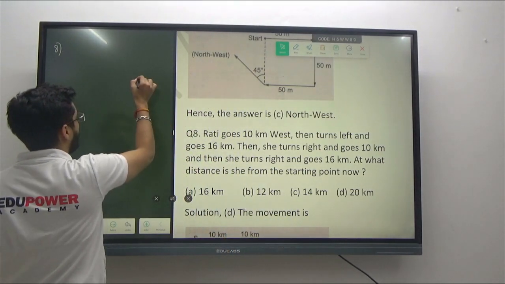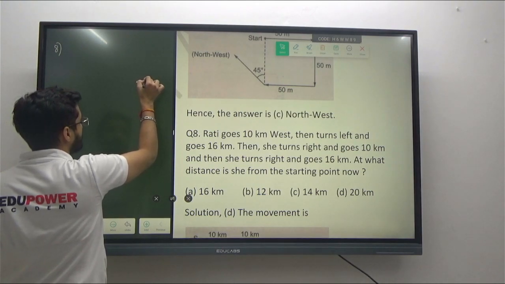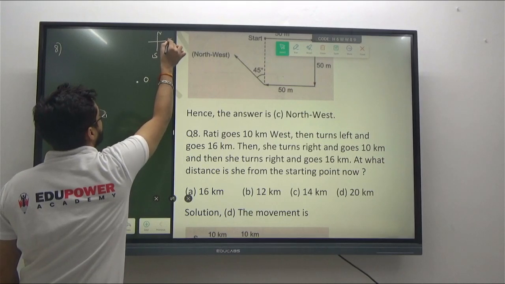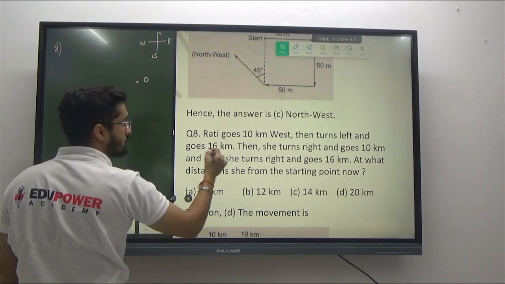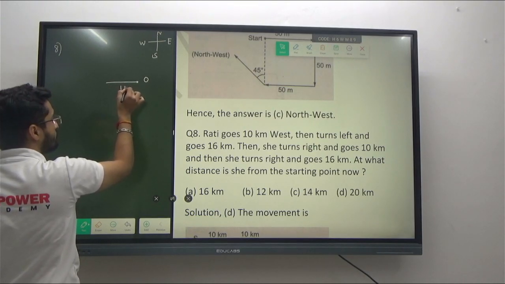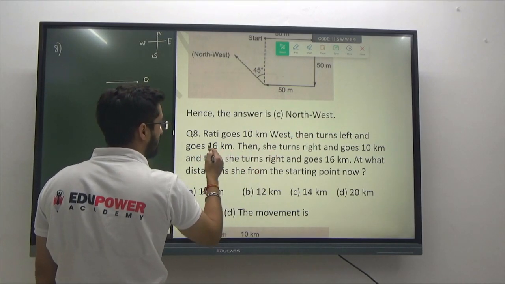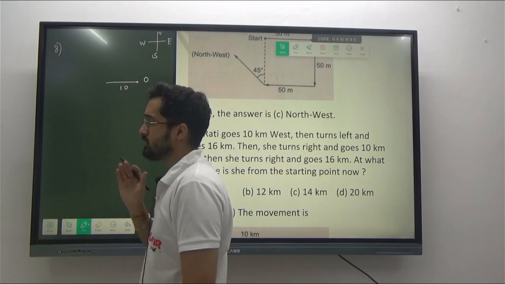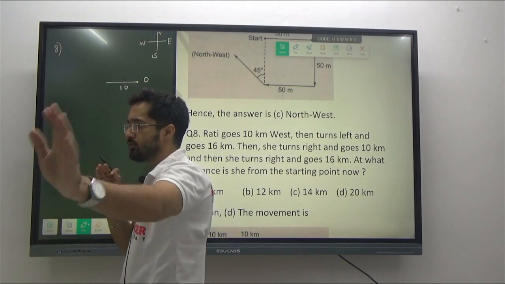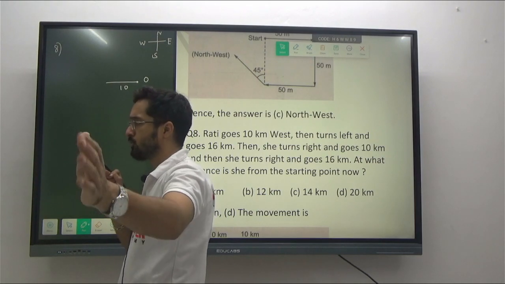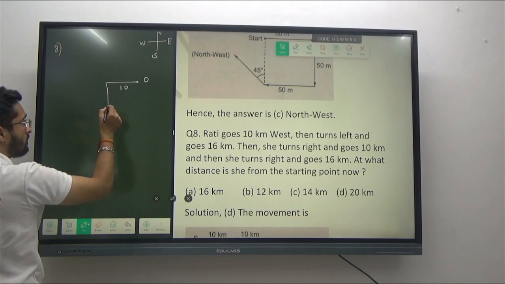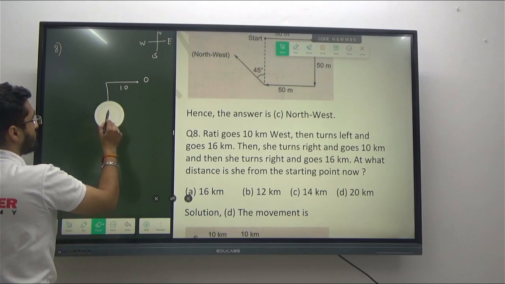Now, this point is O. We know the fundamental directions north, south, east and west. She goes 10 kilometer west. Then turns left and goes 16 kilometer. Now, she is going this way. Okay. Now, she turns left. So, if she turns left, which direction is she going to turn? In the south direction. Okay. So, she turns left and goes 16 kilometer.